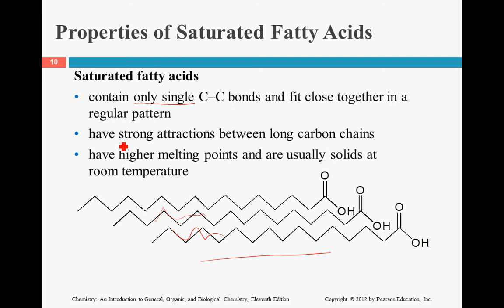Because of that, the interactions between the chains are very high, which gives it a high melting point, which means it's going to be solid at room temperature. So these are things like animal fat.